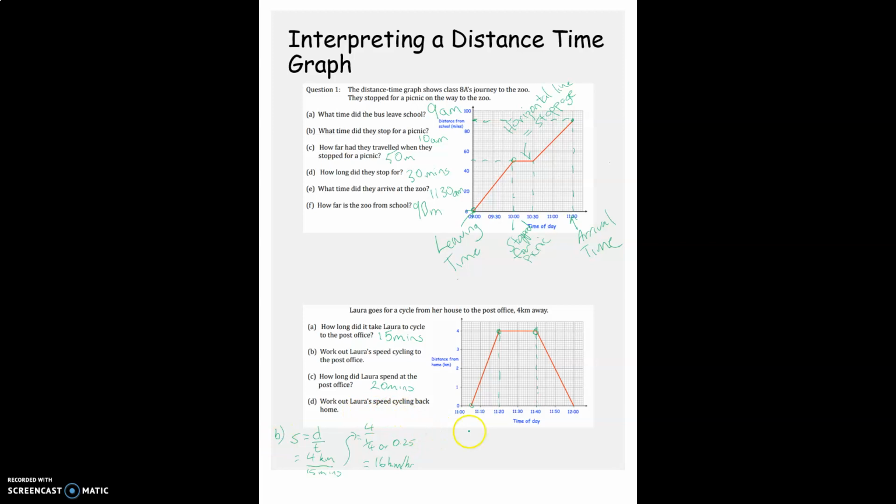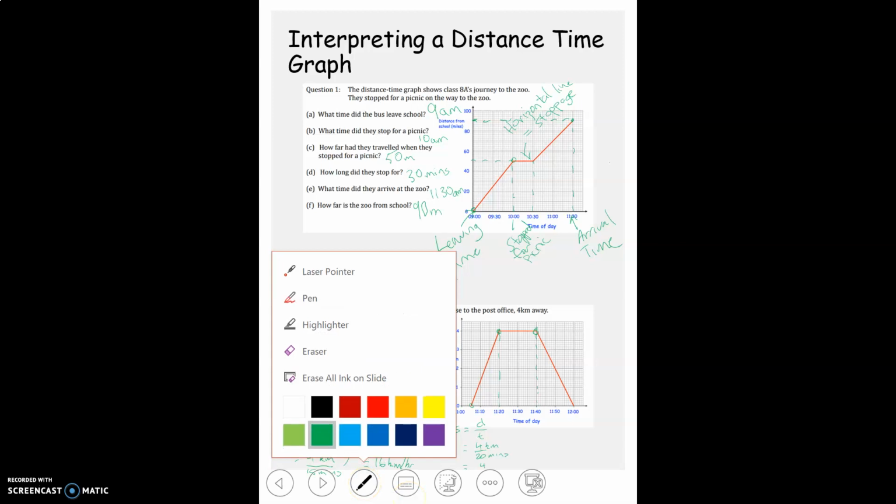And finally, work out Laura's speed cycling back home. So we're going to try and work out C. Again, we have speed equals distance over time, equals 4 kilometres over 20 minutes, to be more precise. 20 minutes is a third of an hour.